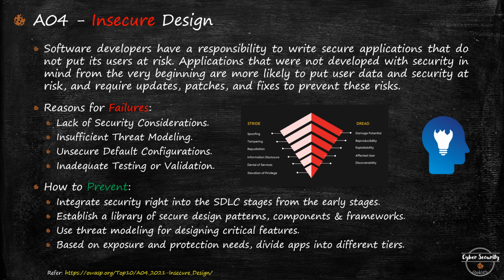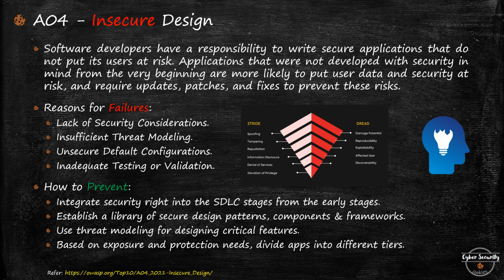The best way to prevent, or the common ways to prevent these kinds of situations, is to tightly integrate security as part of the SDLC at the early stages of planning. Along with that, use secure libraries and frameworks which are well known. Also have threat modeling in place. I could give examples like STRIDE and PASTA.